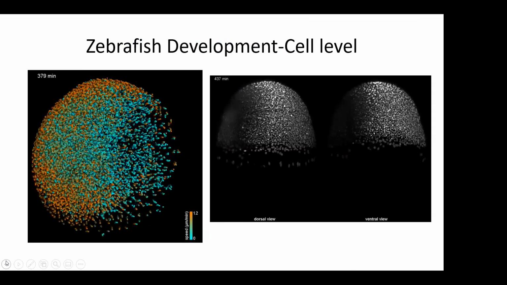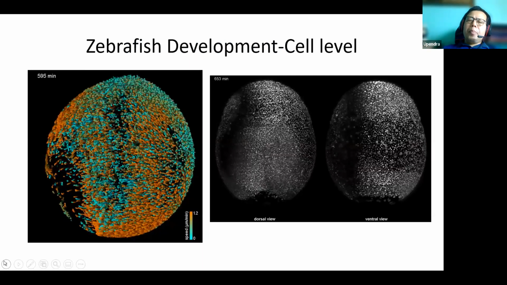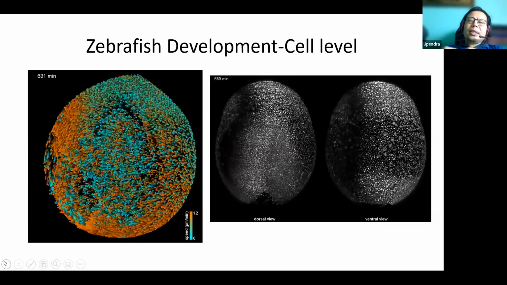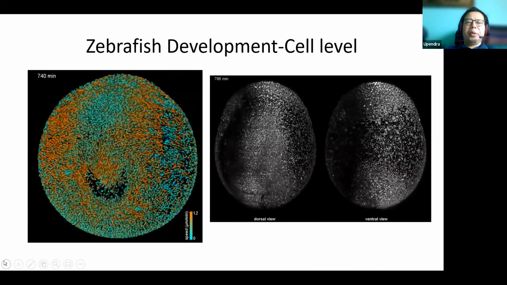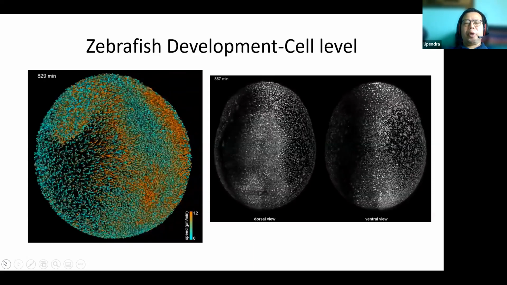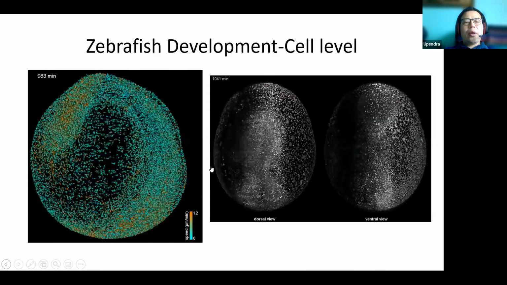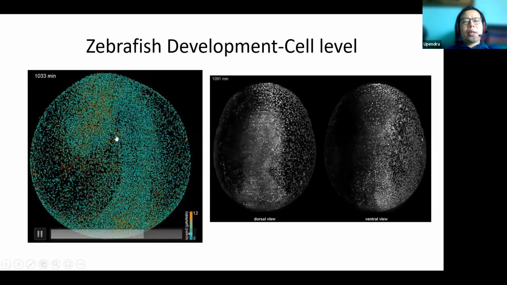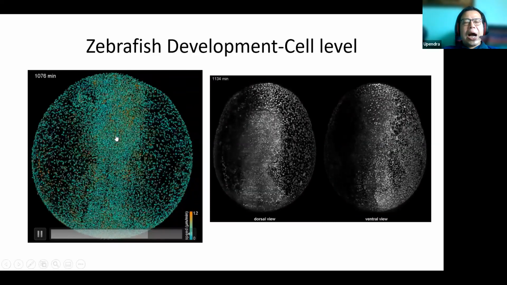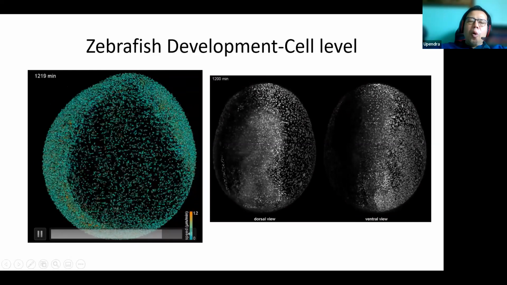Yeah, so this is taken from the EMBL website, and I mean, this is amazing, personally for me. This is what I want to look at with the help of Partha and other people. You look at when the cells are developing, how they divide asymmetrically and move all around.